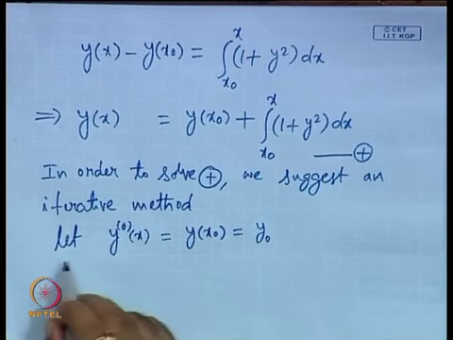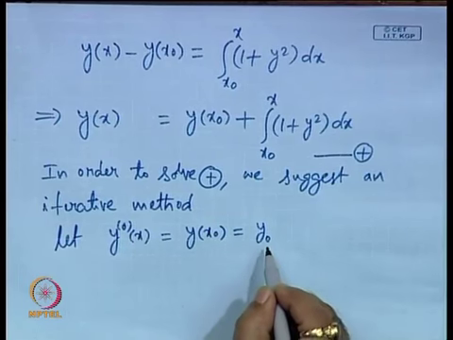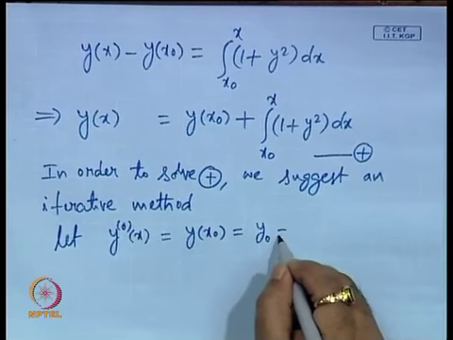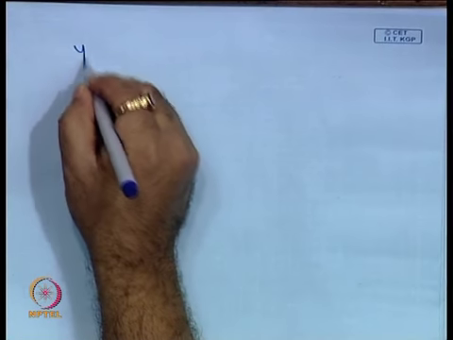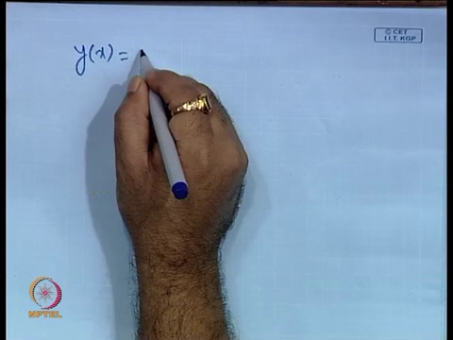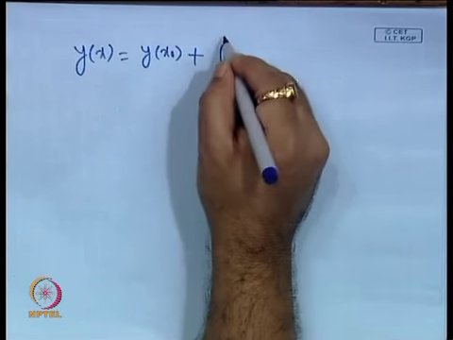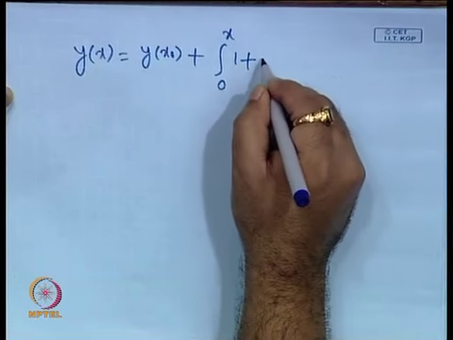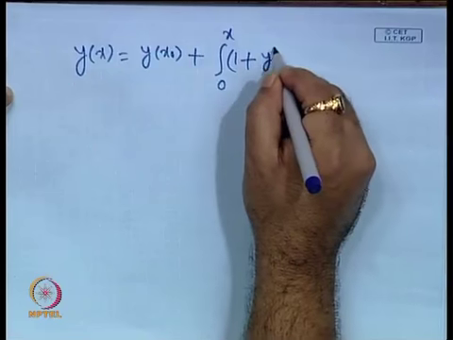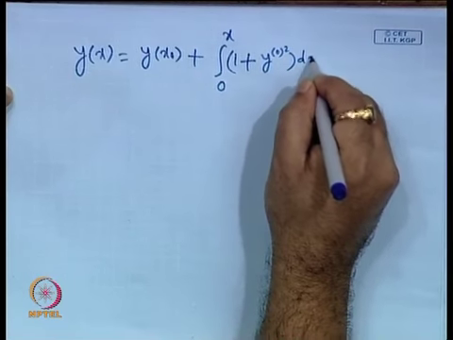Okay. So, this is our initial approximation. Now for this problem y 0 is defined as 0. Let us see what will happen. So, y of x, which is y of x 0, and x 0 is 0, plus the integral from 0 to x of 1 plus y square, with y 0 approximation, dx.